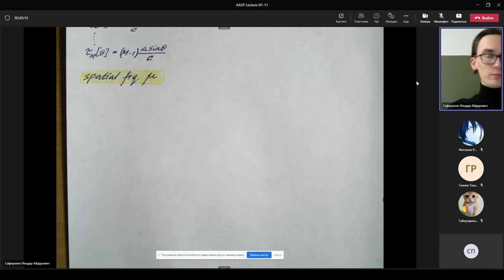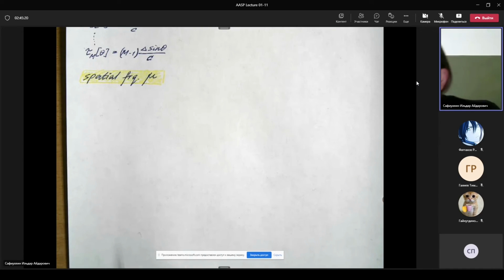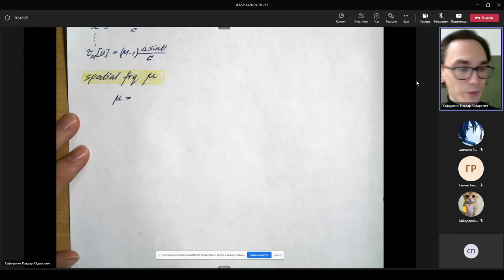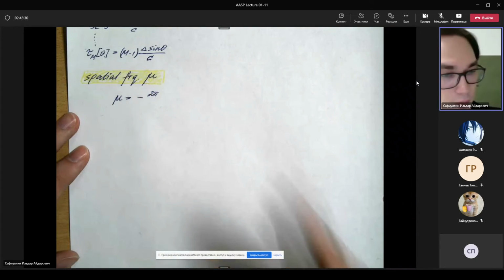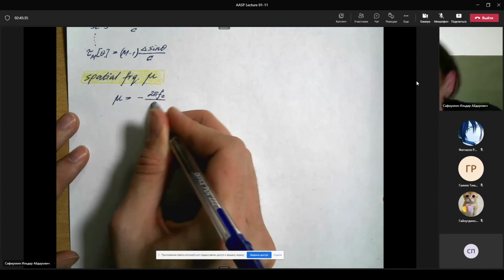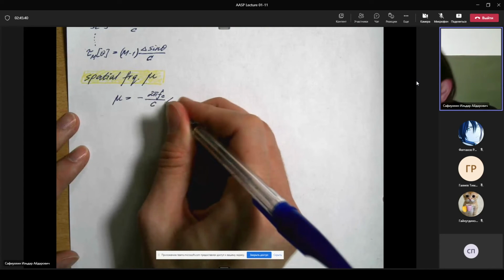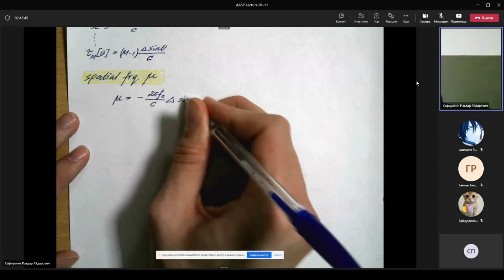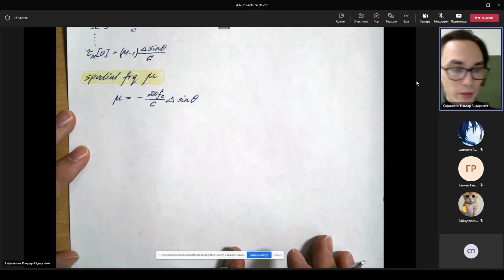And this spatial frequency is calculated in the following way. So mu equals minus 2 pi times fc divided by c. All of this is multiplied with the inter-element spacing and sine of the azimuth angle, theta.